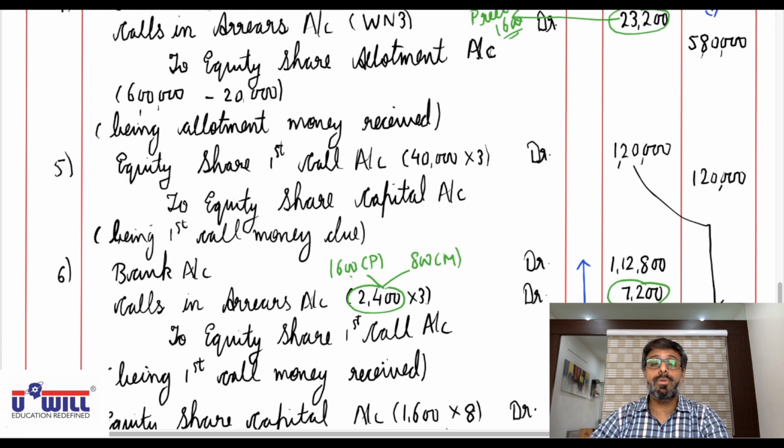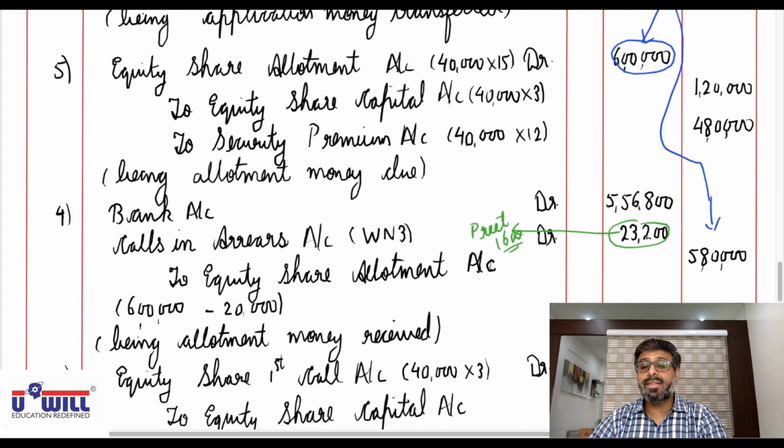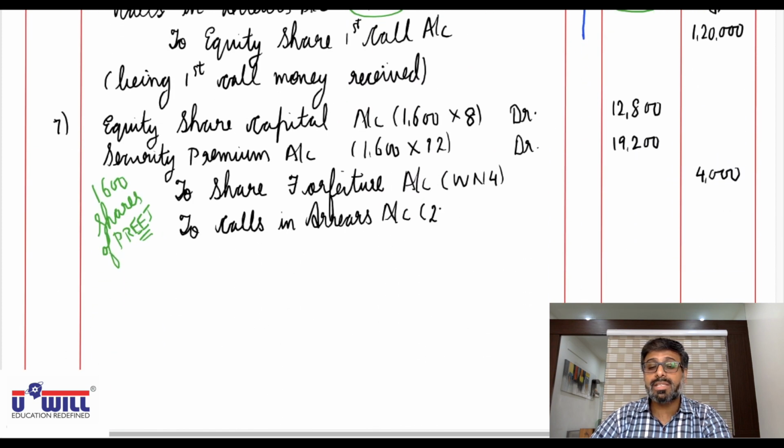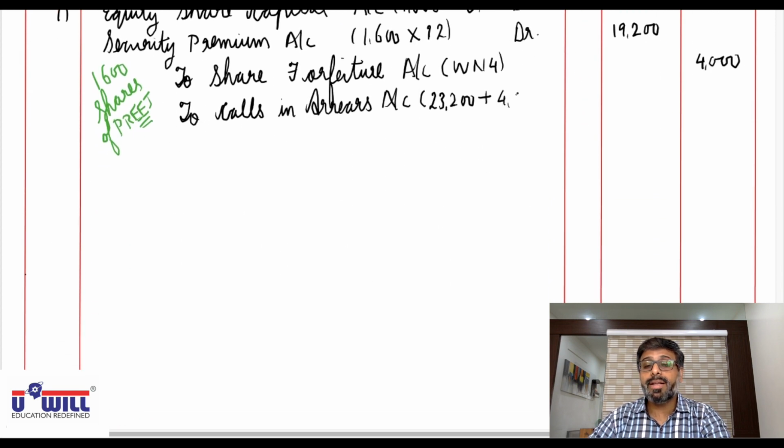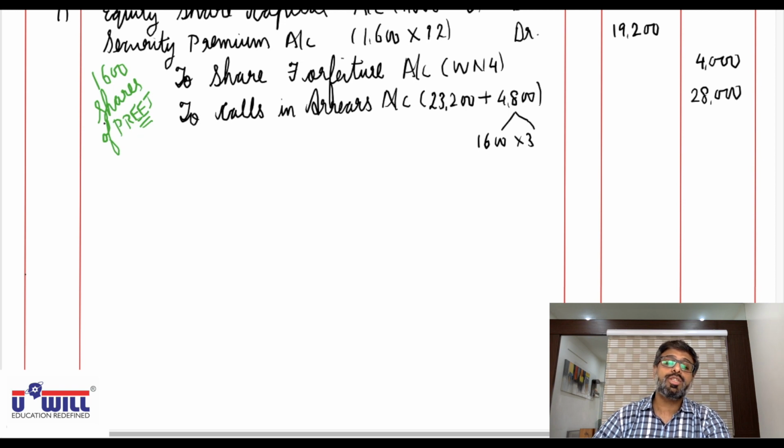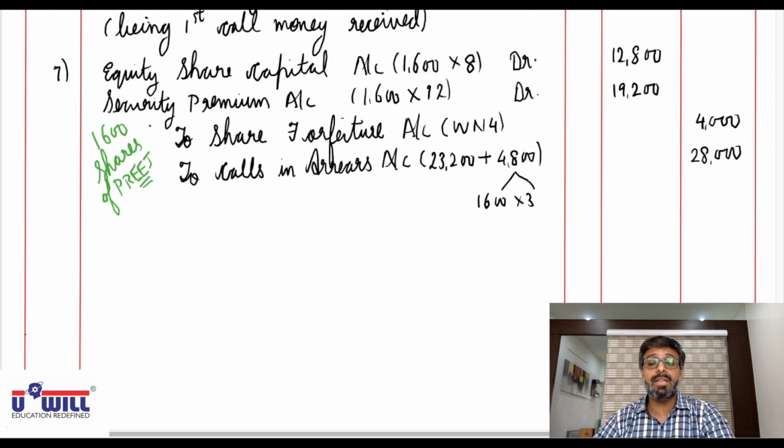So this 23,200 are allotment calls in arrears of Preet, plus this 1600 into 3, 4800 are calls in arrears of Preet in first call. So 23,200 plus 4800, 28,000 are calls in arrears of Preet. So here we have to include forfeiture entry of Preet, means all calculations to be done for the 1600 shares of Preet only.